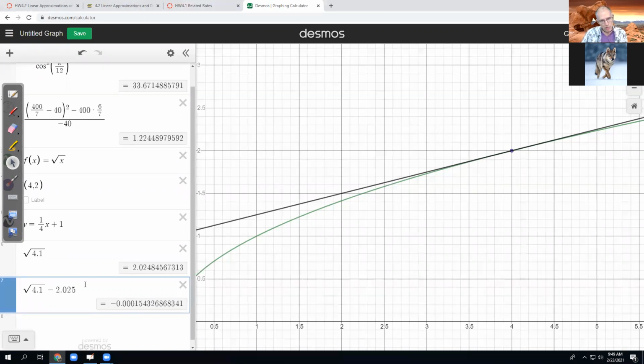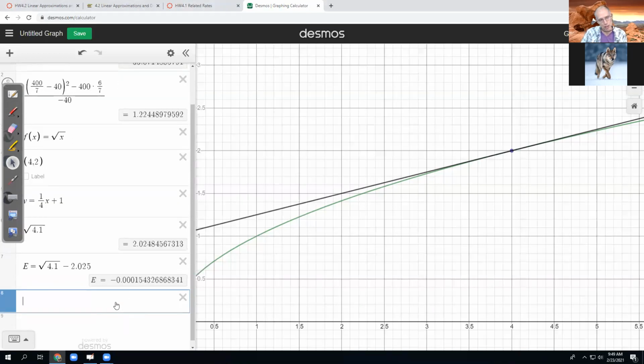And so I was off by just a little tiny bit there. Now it's negative. So that's the actual amount I was off. So I'm going to give that a name. Let's call this E for error. Oh no, they use E for something else. Capital E for error. Yeah, there we go. So that's the amount I was off.